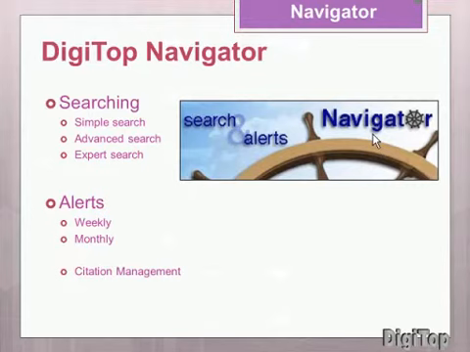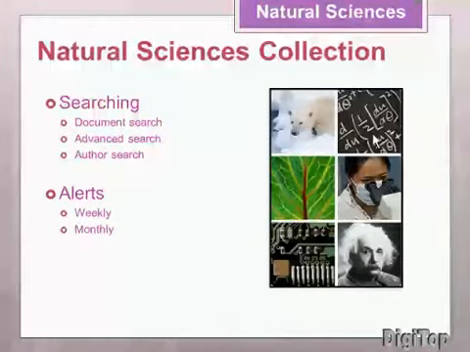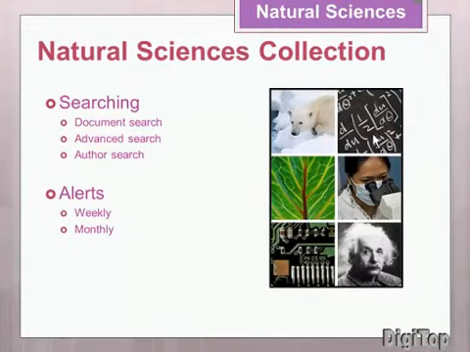It also allows you to have weekly, monthly alerts to come along, and enables users to have citation management. Our natural sciences collection is a fairly new database to the DigiTop resources. It does searching with document search, advanced search, and an author search.